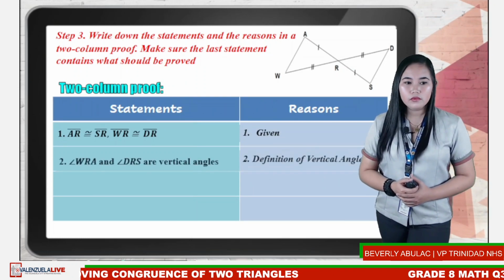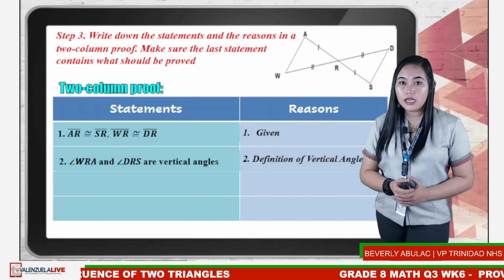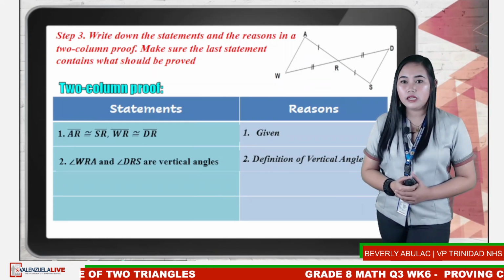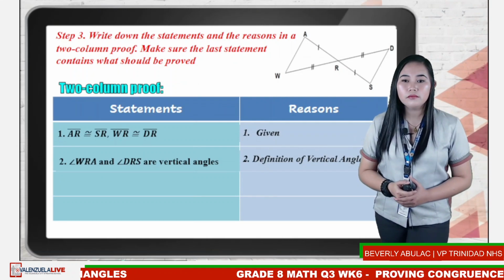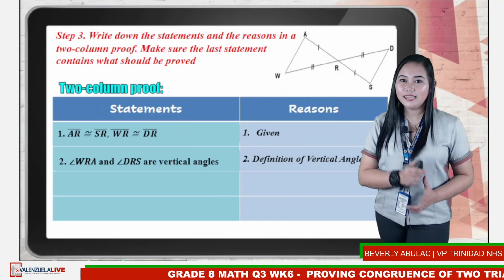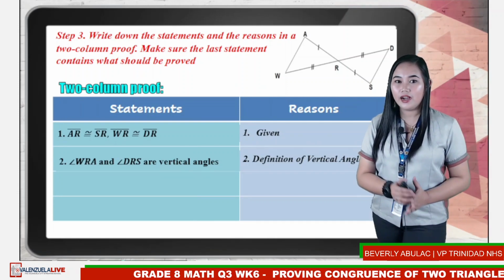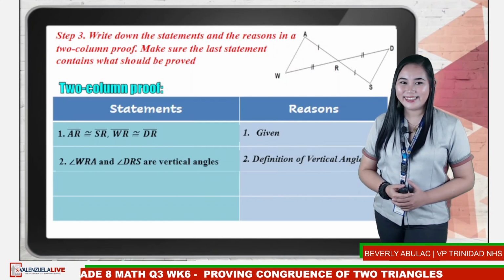For number 2, angle WRA and angle DRS are vertical angles, as shown on the given figure. So as the reason, by the definition of vertical angles, we can say angle WRA and angle DRS are vertical angles.